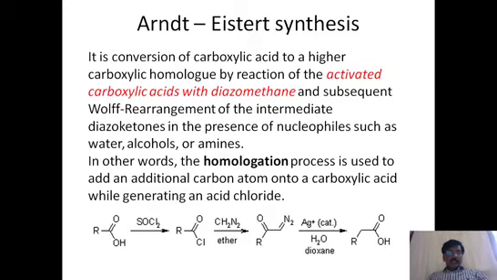Now let us look at the reaction altogether. Here, first the carboxylic acid is converted into acid chloride. RCOOH is converted into RCOCl by using the reagent thionyl chloride, SOCl2. Thionyl chloride is the best reagent to convert acids into acid chlorides.